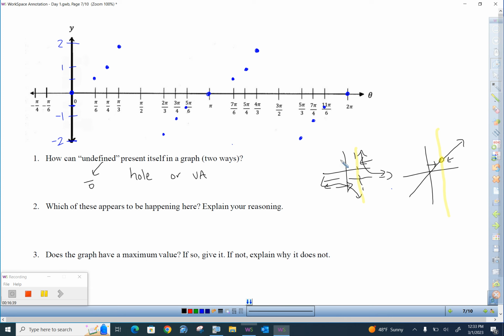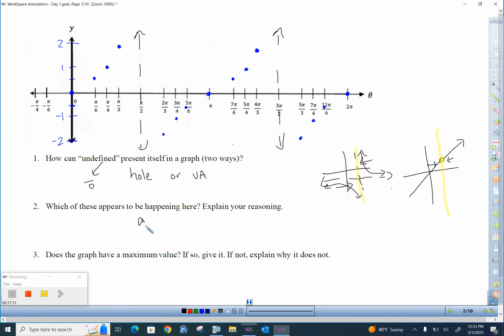So here, when we look at going from this side of the pi over 2, if I follow these points, they're going up. Okay, and if I'm going this direction and following these points, they're going lower and lower, which means this has to be a vertical asymptote. So we've got to draw on this dashed line. Go ahead and do that at 3 pi over 2 as well.